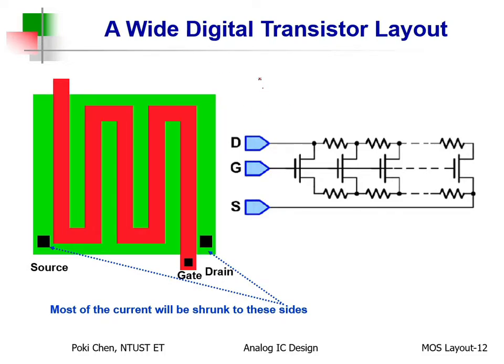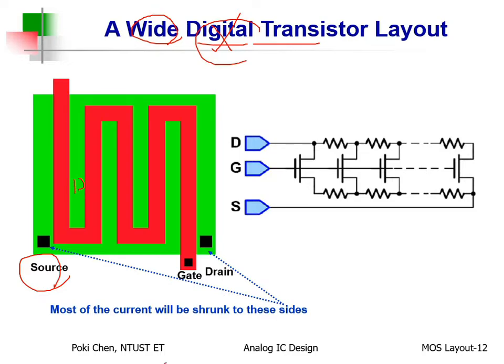How to do the layout for a very wide digital transistor. Why do we call it digital? Because for analog, we never try it. Why? Okay. You can see this is the source, that is the drain.